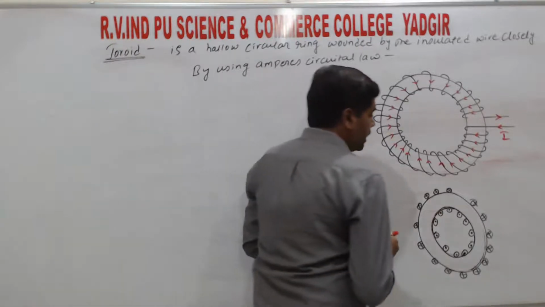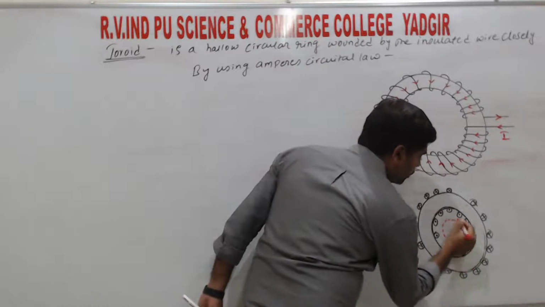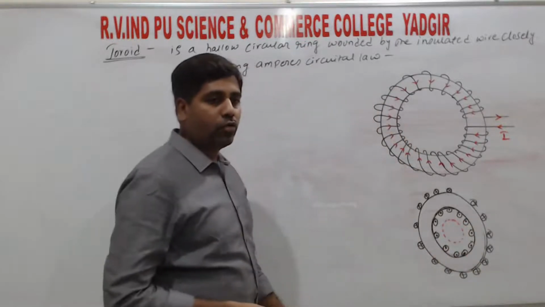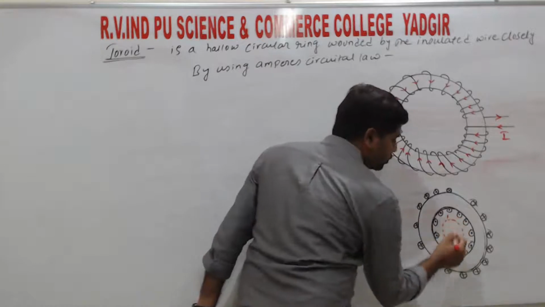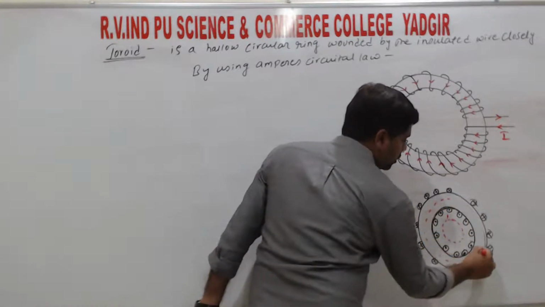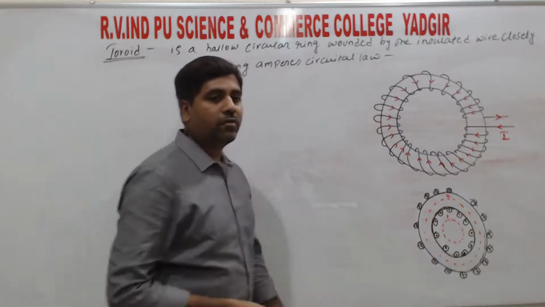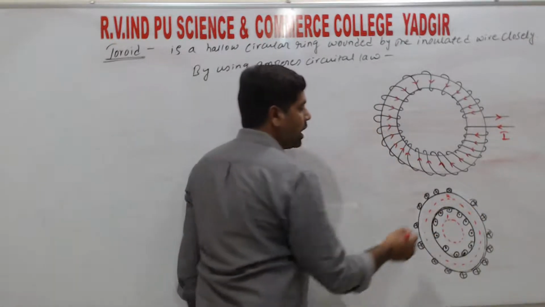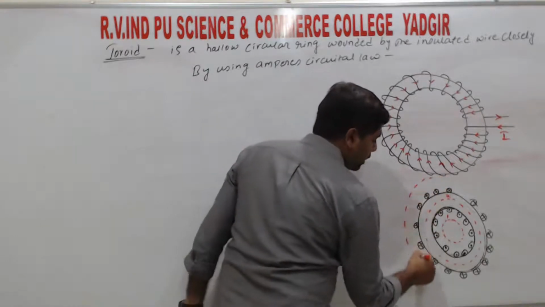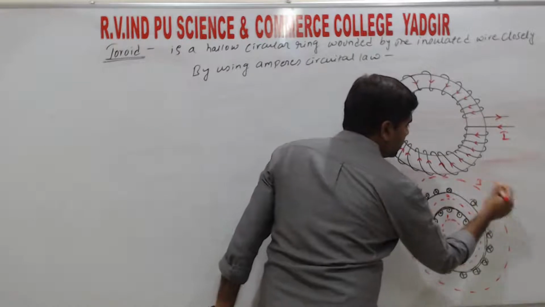So one is inside. So this one is the first Ampere loop. In between the hollow ring we take another Ampere loop, that one is the second loop, and the last is completely outside, so this is the third Ampere loop.